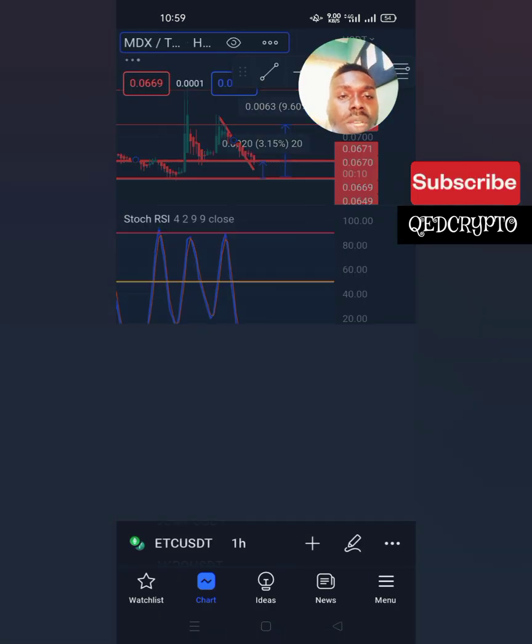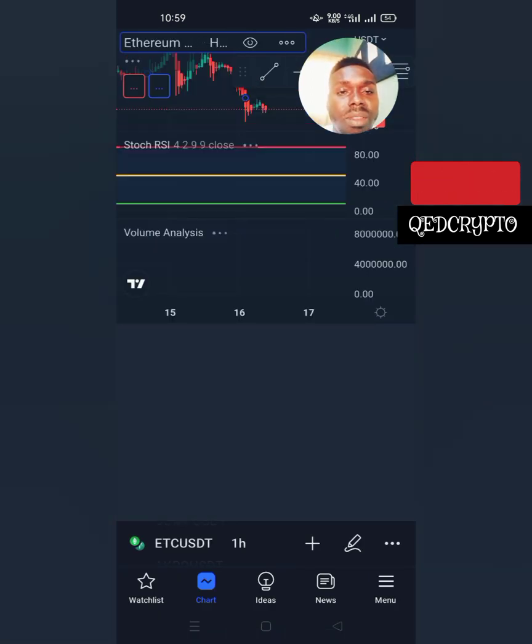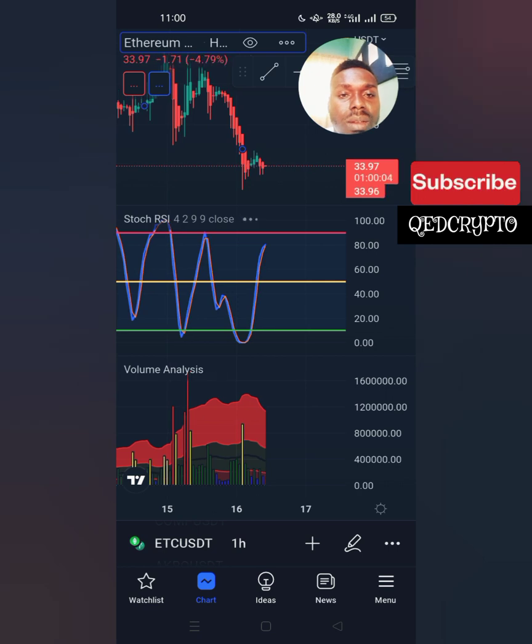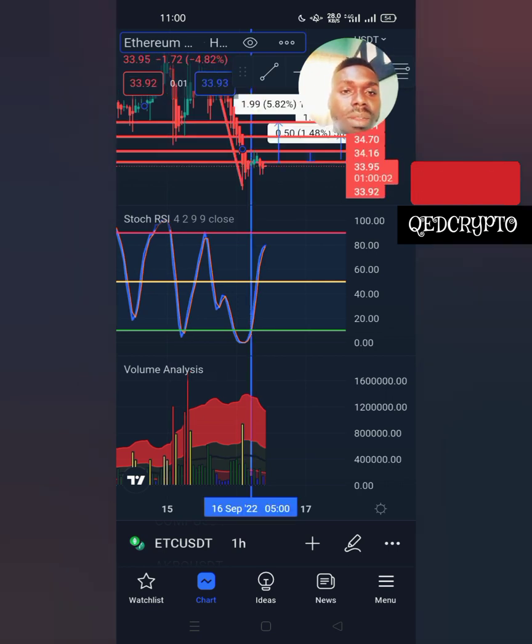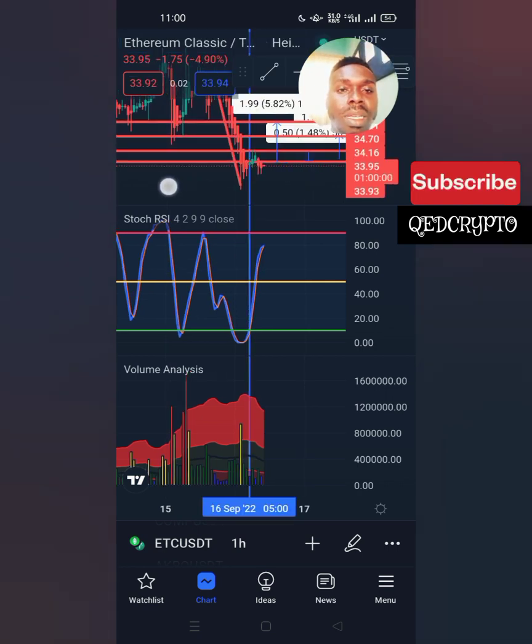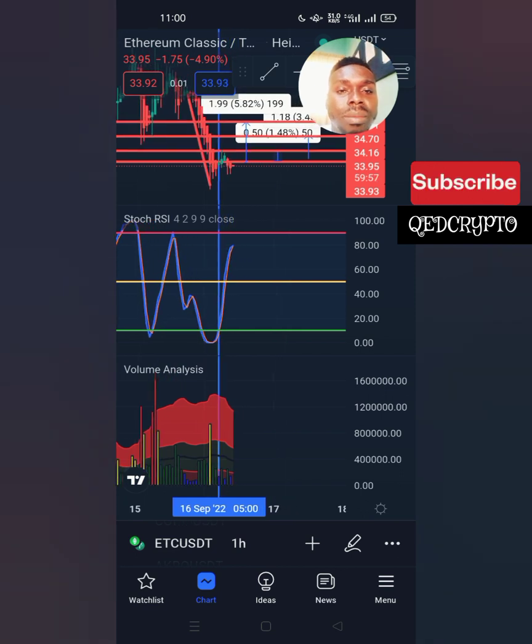So ETC this morning, I hope that chart is saved. Yeah, it's saved. Now ETC, you can see from my chart, I entered at this point before the market started going up. I entered at this very point. So the market did, and I took the first buy you see here.